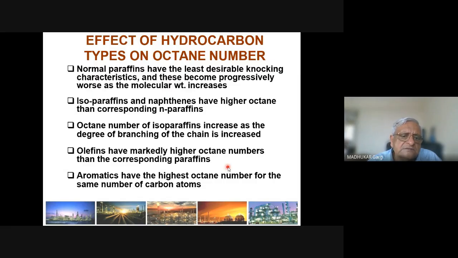If you look at the various types of hydrocarbons we discussed, that is paraffins, isoparaffins, naphthenes, and aromatics, normal paraffins are by far the least desirable because they create knocking in the engine and have a very low octane number, something like 70, 72. Isoparaffins and naphthenes have relatively higher octane, but still not high enough, as compared to normal paraffins.